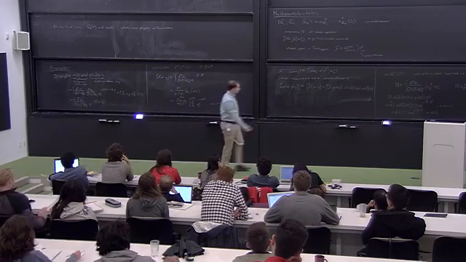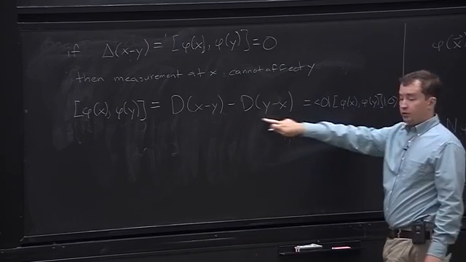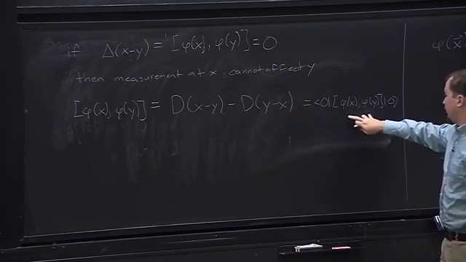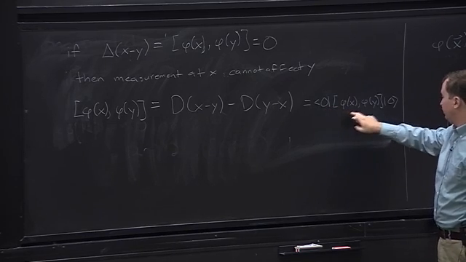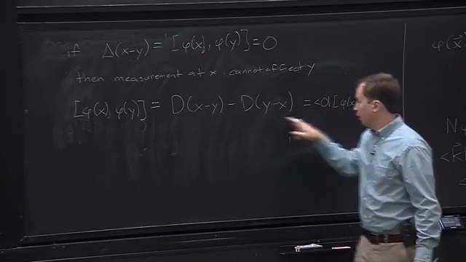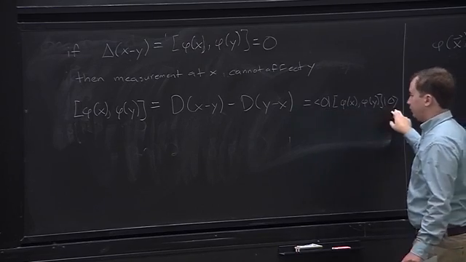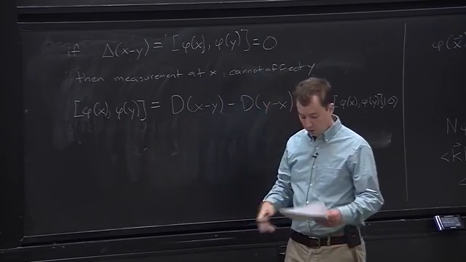So this equality, going from here to here, we can just write out the commutator. This is equal to the vacuum, phi of x, phi of y, vacuum, which is d of x minus y, minus the other one. The claim is that this is equal to this. That's what you're trying to prove?